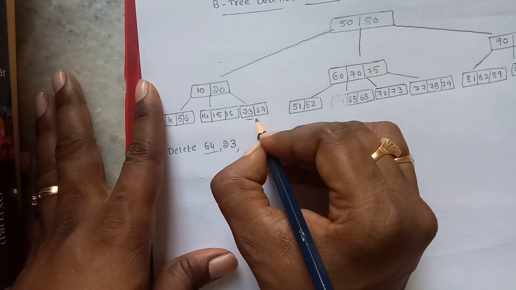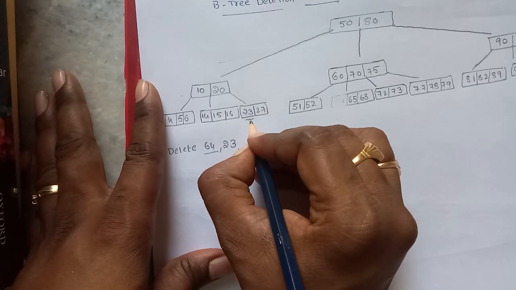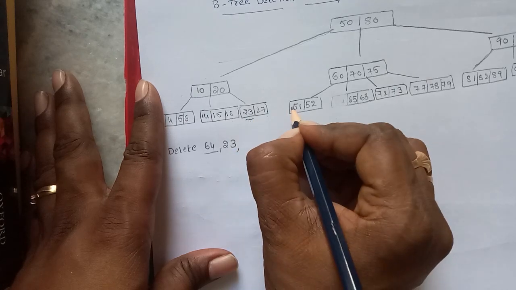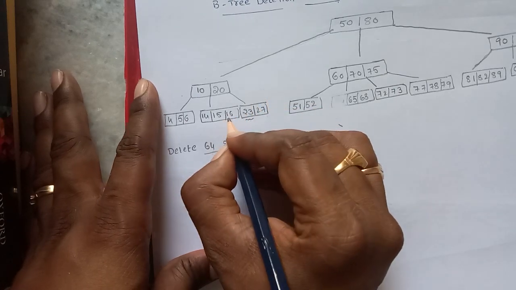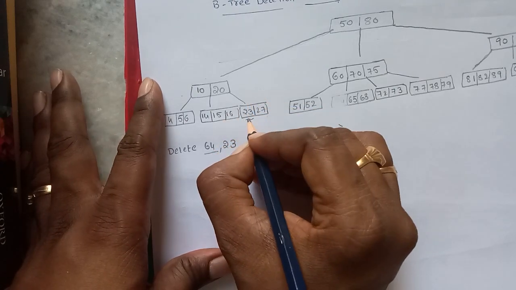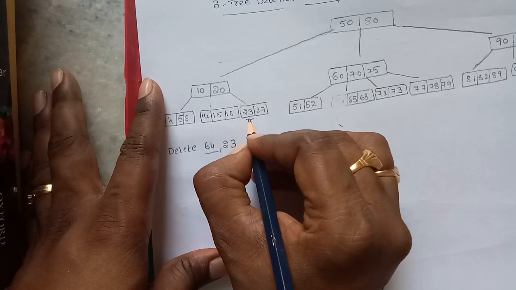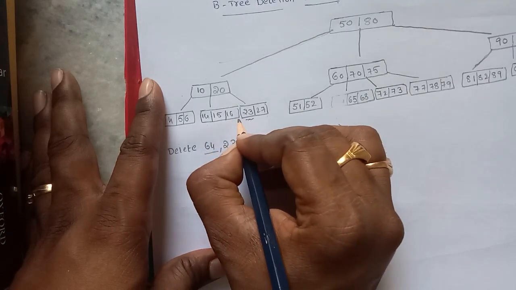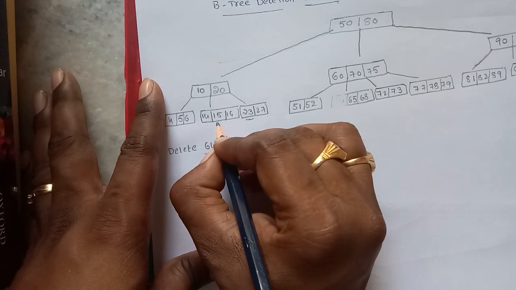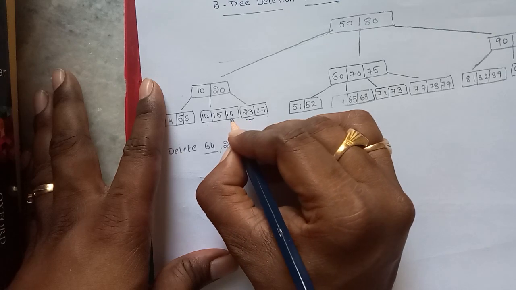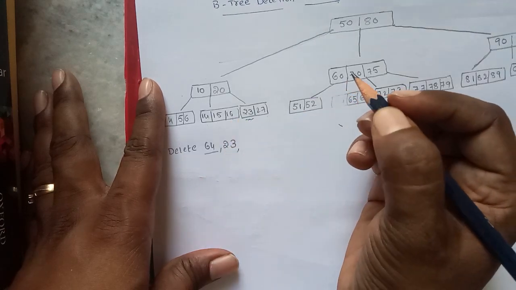If this case occurs, immediately we check the left sibling and the right sibling. First we check the immediate left sibling. The immediate left sibling contains 3 elements. The minimum required is 2, so it contains more than 2. So we simply borrow from the left sibling.